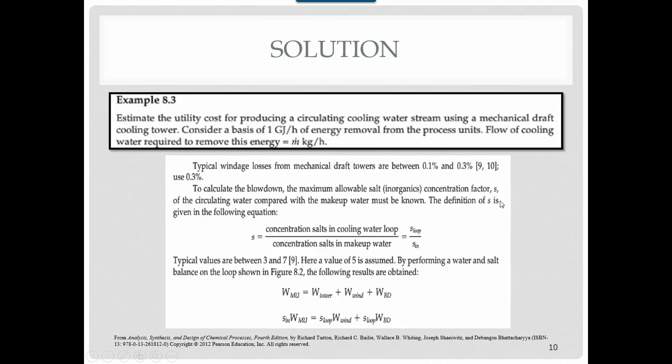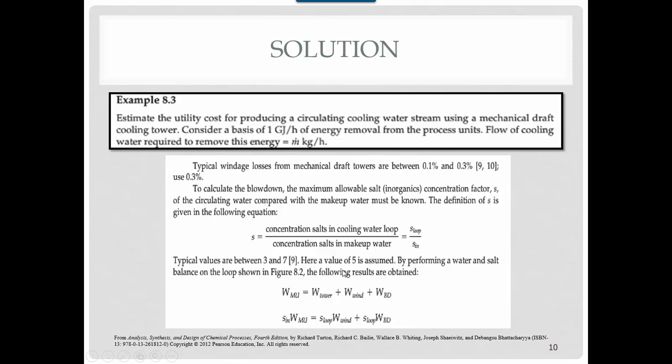Now, this is something that is perhaps new to you. Unfortunately, water always contains various kinds of salts, various inorganic compounds. And there's a maximum that you can have, so you need to know what that maximum allowable amount is. In this case they've defined it as S. S is the mass fraction of salts that are in the system, so it's the concentration of salts in the cooling water loop divided by how much is in the makeup water.